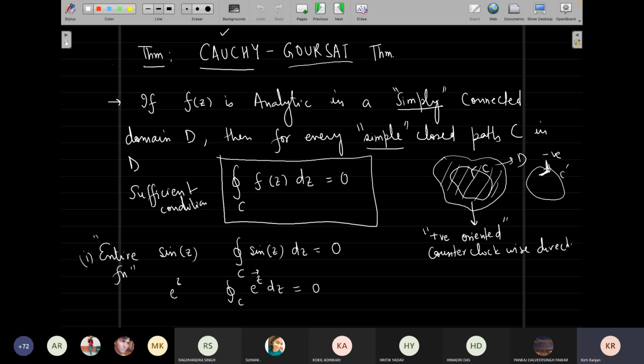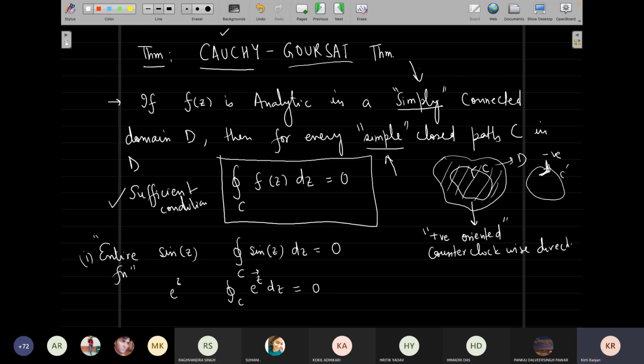What we found out is that this condition is one sufficient condition for every simple closed path. Later on, it was found that this remains true even for complicated paths, as long as those complicated paths, which are not simple, lie within the analytic portion. Remember this figure-8 thing which I did. This can be extended to multiply connected domains, and there we will use the path deformation.